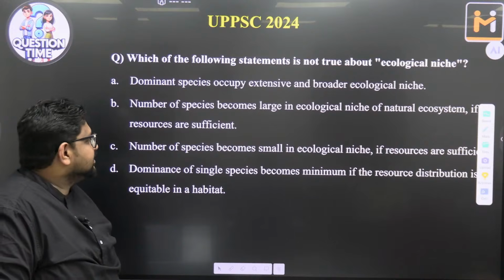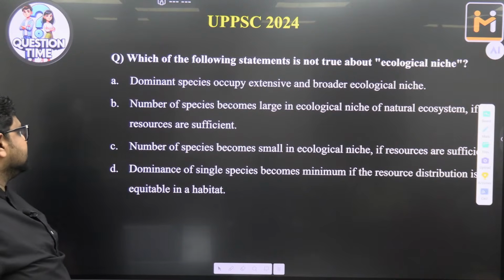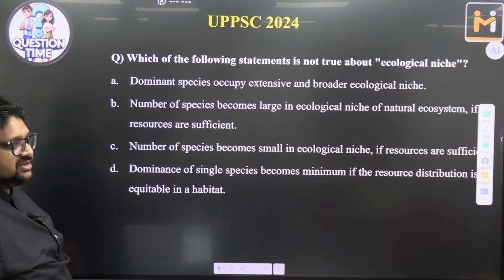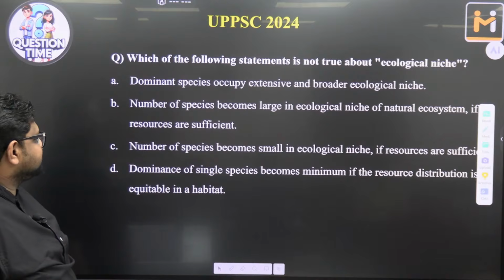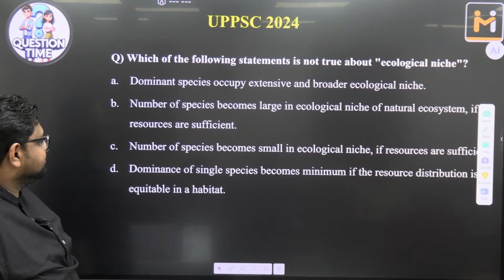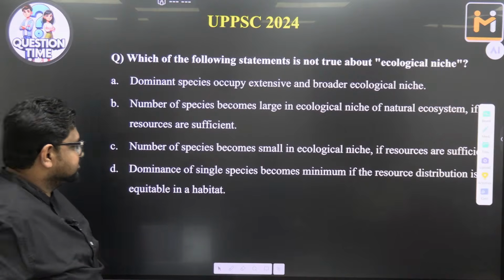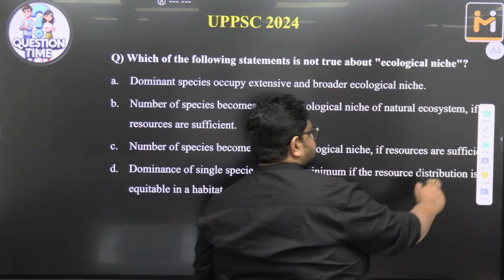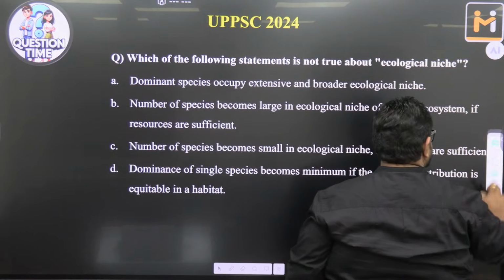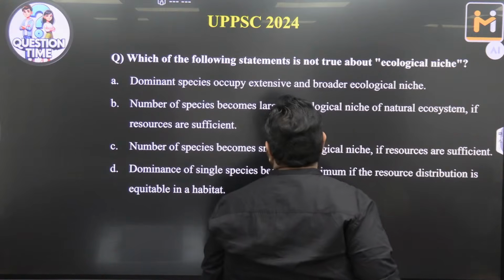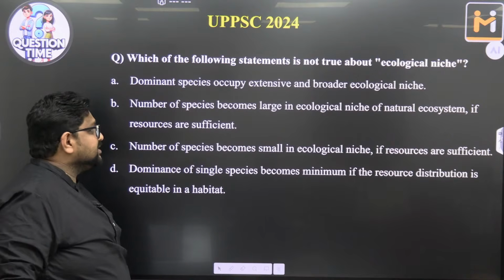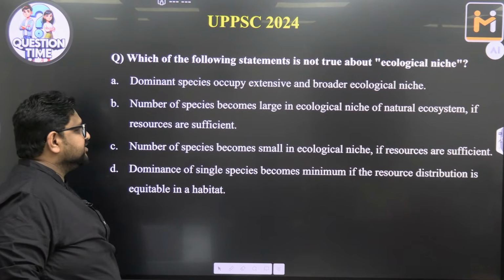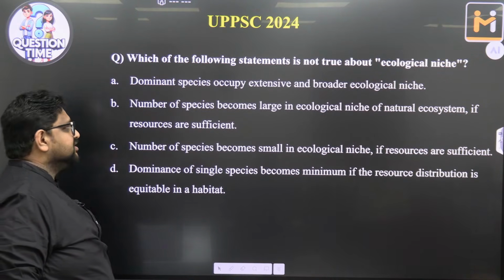Okay, tell me this. Which of the following statements is not true about ecological niche? Dominant species occupy extensive and broader ecological niche.